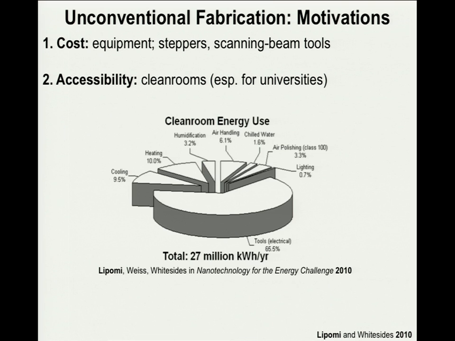But clean rooms use a lot of energy. So this was a book chapter that I wrote a couple of years ago on the energy usage in a clean room. If you take the clean room where I went to grad school, it took 27 million kilowatt hours per year to run, which was 2% of the energy bill of the entire university. Most of that was the tools, so the electrical energy bills.